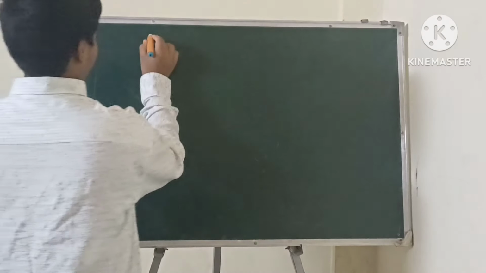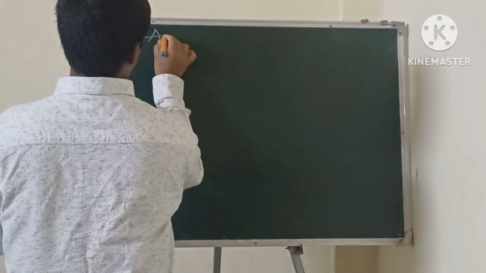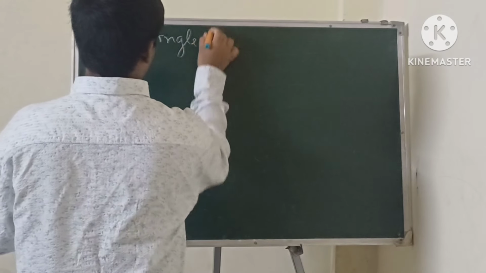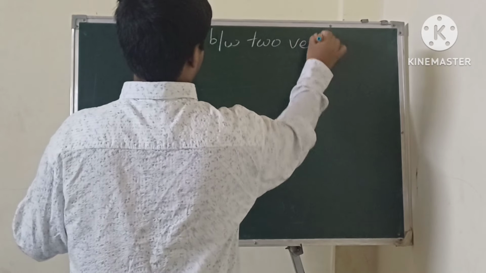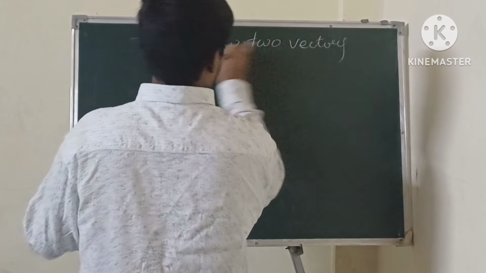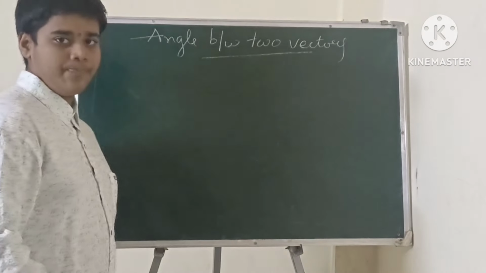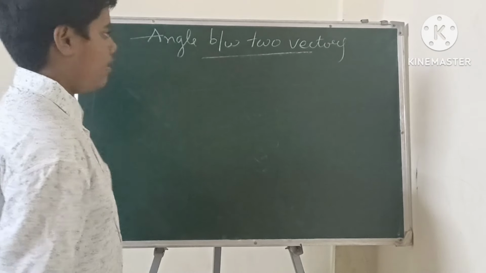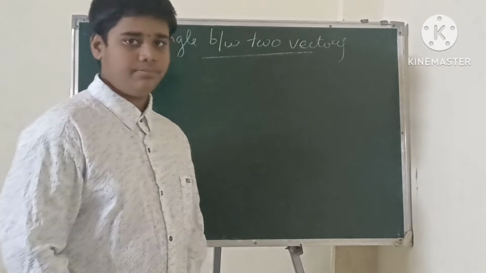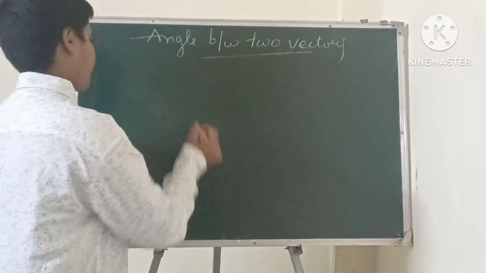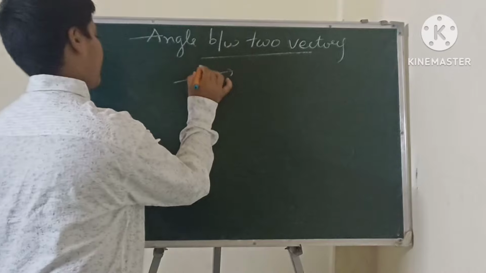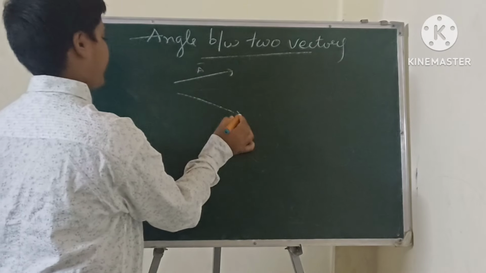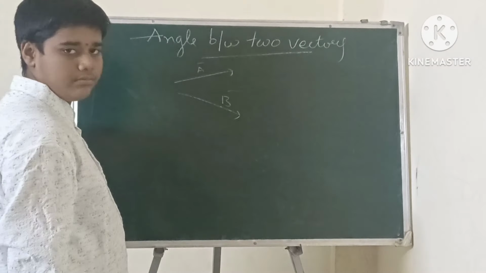And next one, angle between two vectors. How will we find the angle? Let's see. Here one vector is A bar and another is B bar.